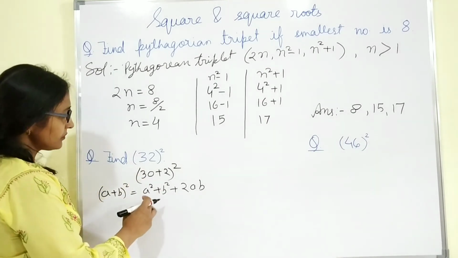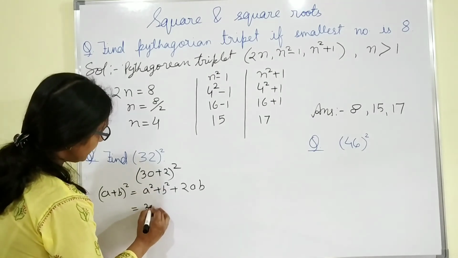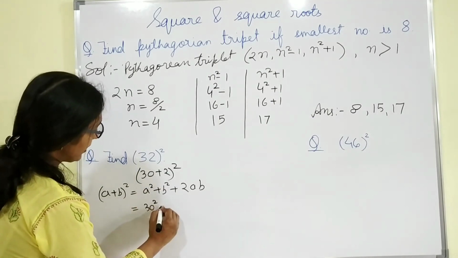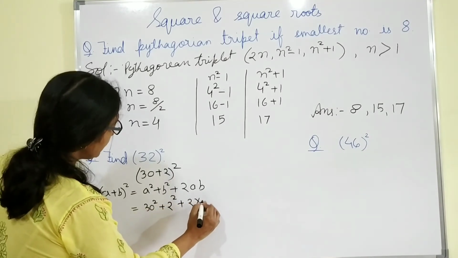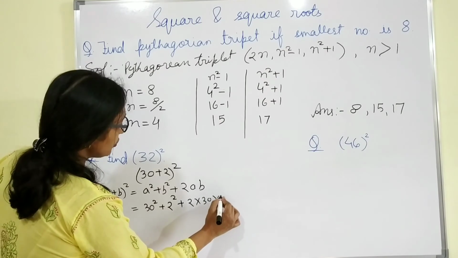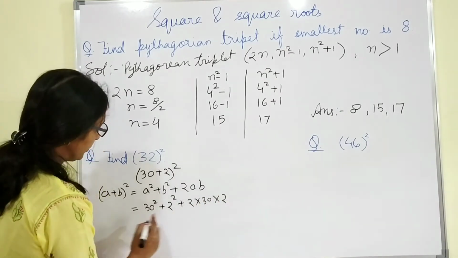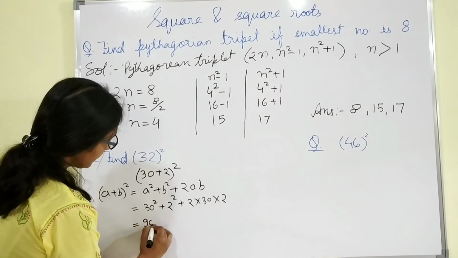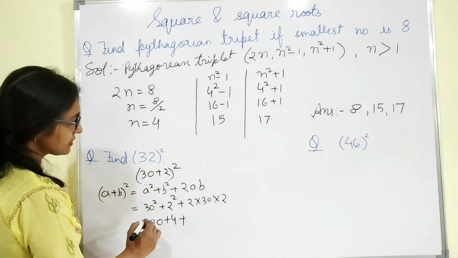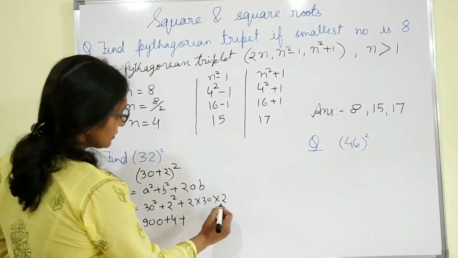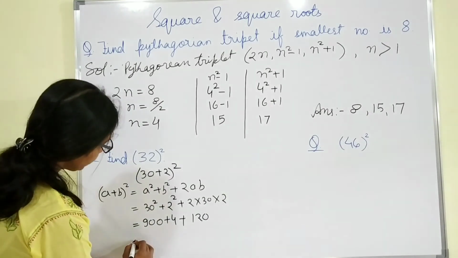So this is an identity. Now we will put these values: 30 squared, 2 squared plus 2 into 30 into 2. The value of a is 30, b is 2. So 900 plus 4, the square of 2 is 4, plus 120.